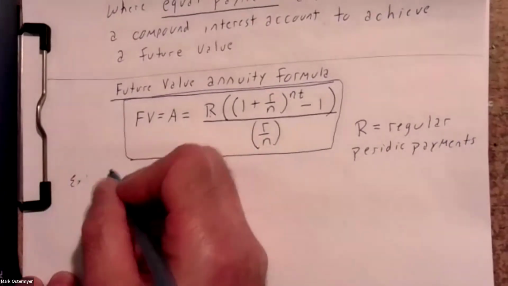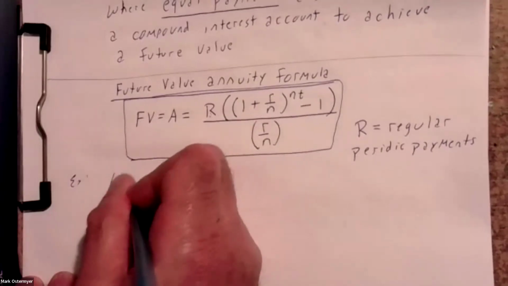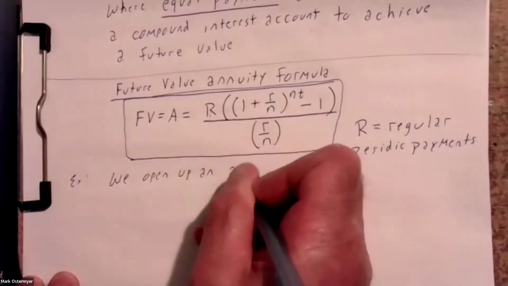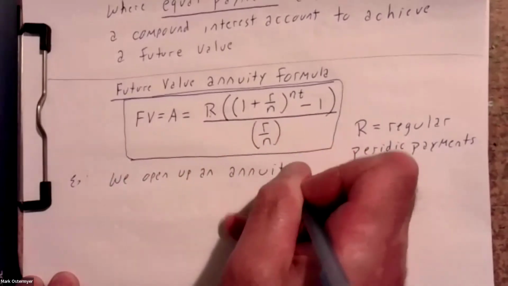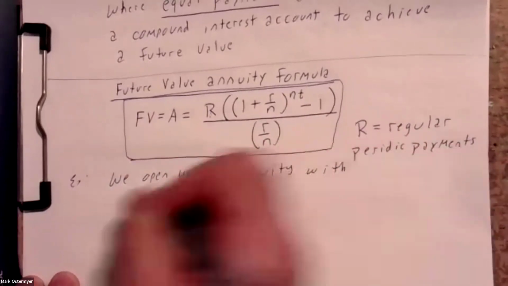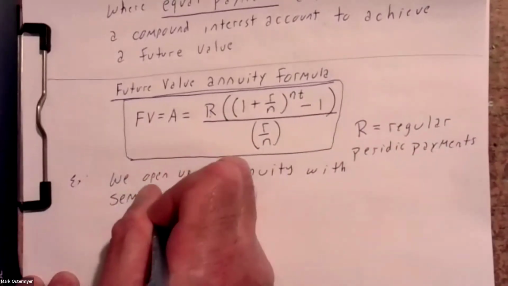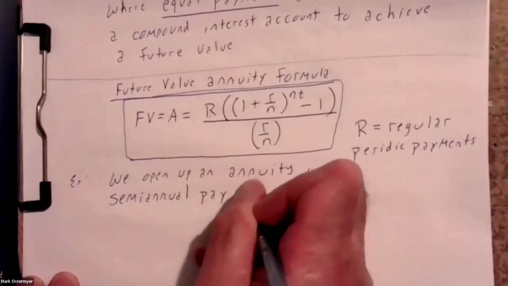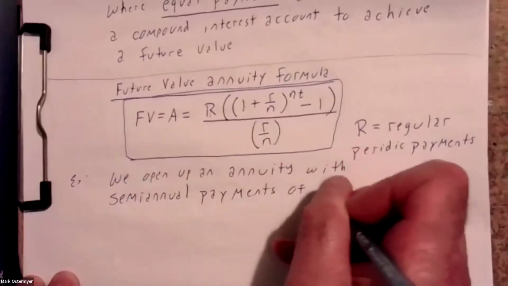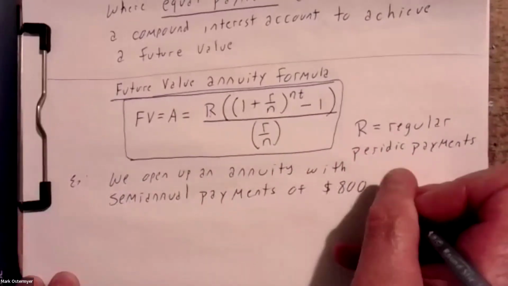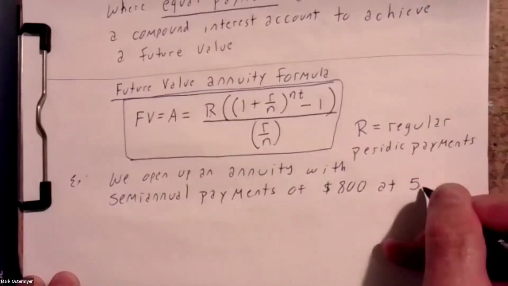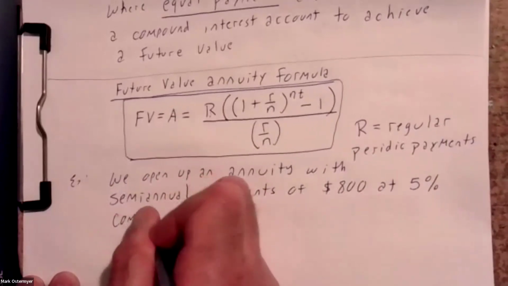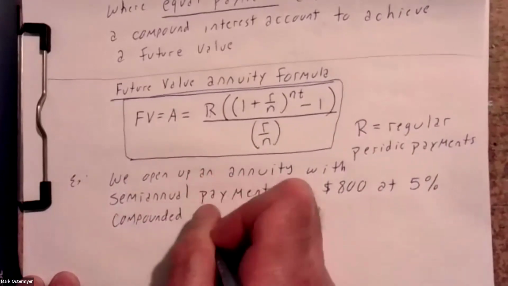Here's a classic example. Suppose that we open up an annuity with semi-annual payments of $800 at 5% compounded semi-annually.